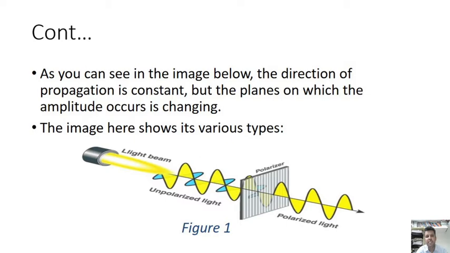As you can see in the image, the direction of propagation is constant, but the planes on which the amplitude occurs are changing. The image here shows its various types. It is rotating in this way. Such kind of radiation we call unpolarized light radiation.